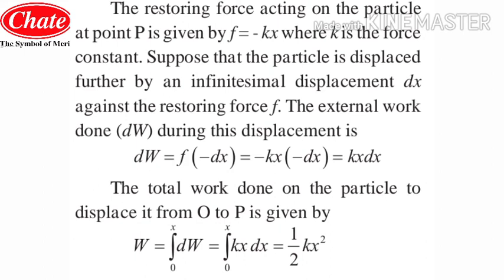Now if you want to calculate the total work done on the particle to displace it from O to P, we can write W is equal to integration of dW from 0 to x, which is the integration of kx dx from 0 to x, which is equal to half kx square. That is the work done on the particle to displace it from O to P.